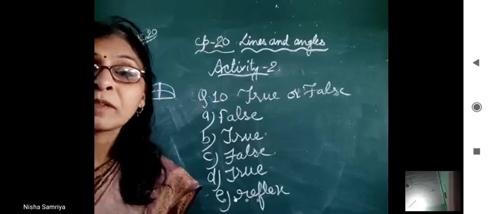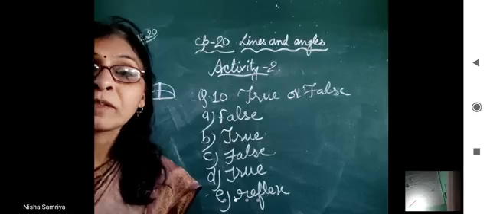Again I repeat, it has no end point, it has no definite length, and it cannot be measured. A line can be drawn like this. The two arrows show that it can extend in both directions.